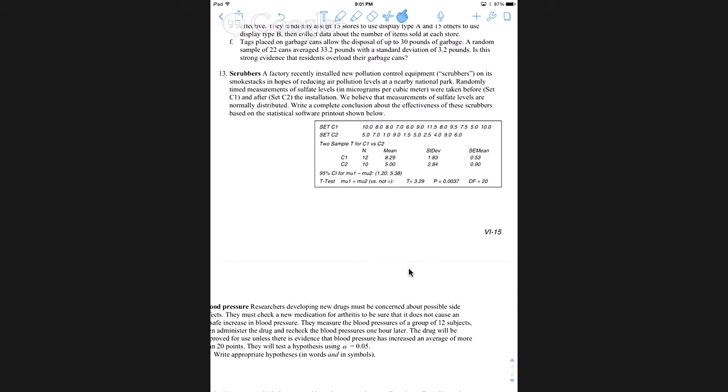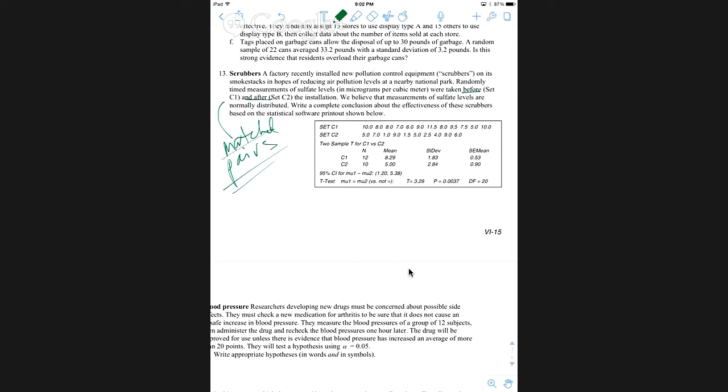Before and after is probably going to be matched pairs. We believe the measurements of sulfate levels are normally distributed. Write a complete conclusion about the effectiveness of these scrubbers based on the statistical software printout below.